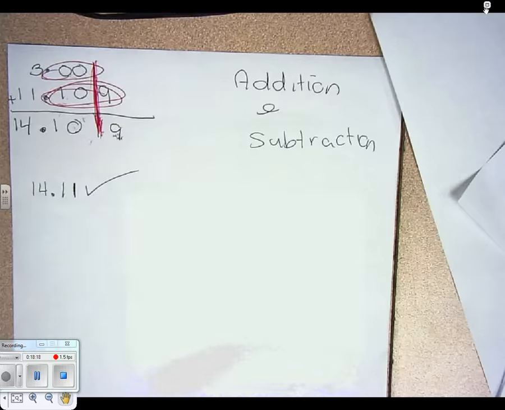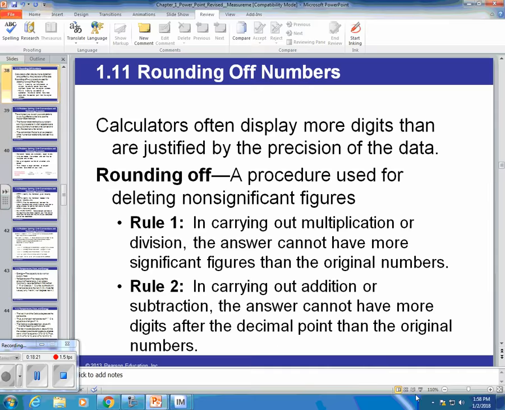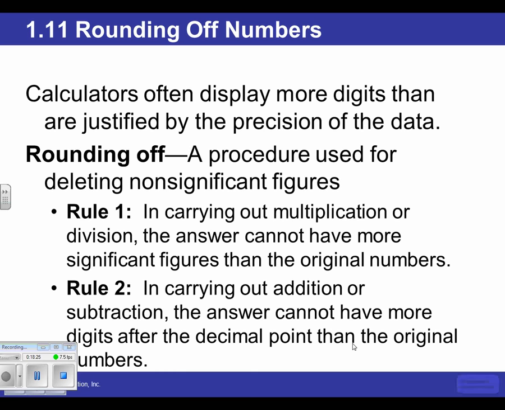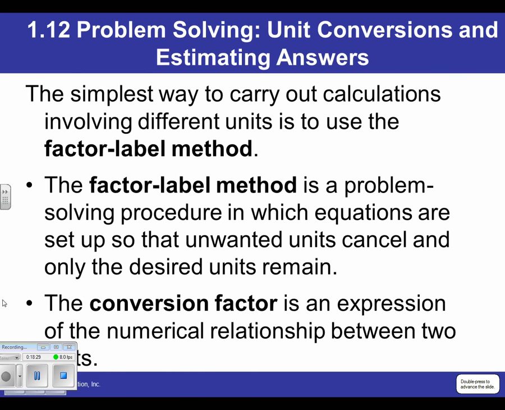Alright, so revisiting our lecture. We're going to talk briefly about factor label method. Factor label method is a method of problem solving that allows us to convert between units of measurement.